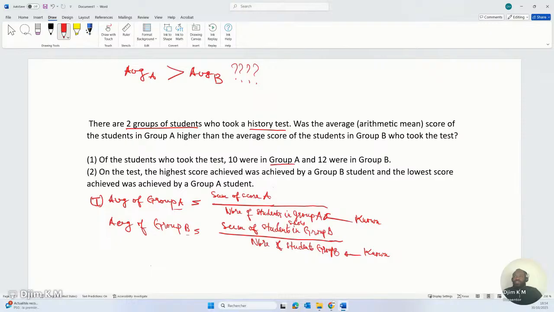These 10 students in group A, what were their scores? These 12 students in group B, what were their scores? We don't have that information. So that is unknown. Since they are unknown, we cannot determine whether the average score of students in group A is higher than the average score of students in group B. So this is insufficient.